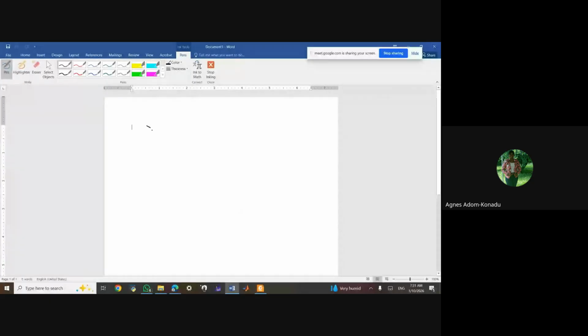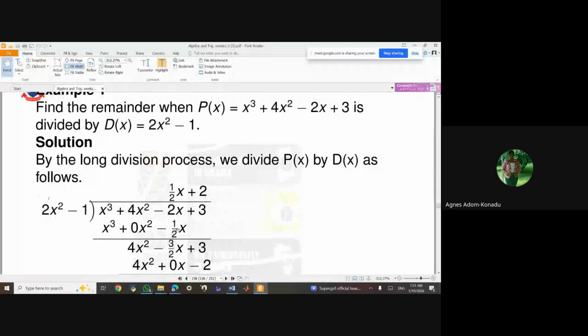S to the power 3 divided by 2S squared. We can see that by indices, the S's cancel and the 2 will be left, so I'll have S over 2. So the first term I'm going to get is 1 over 2 S. Then after you have divided the first term by this term, you go back and multiply the divisor by this.